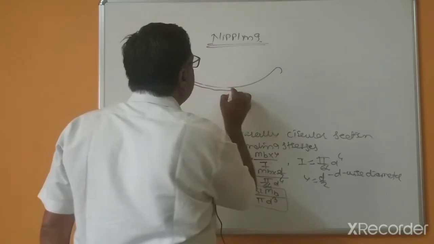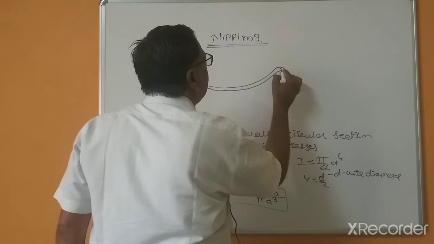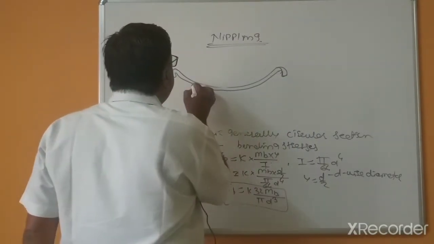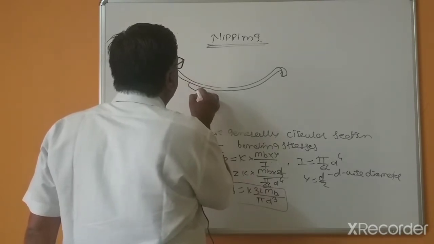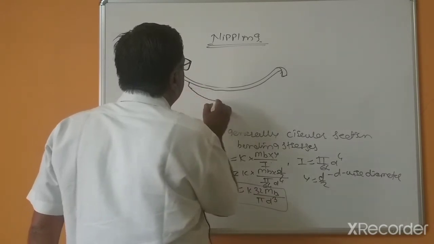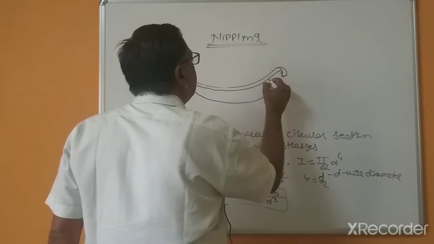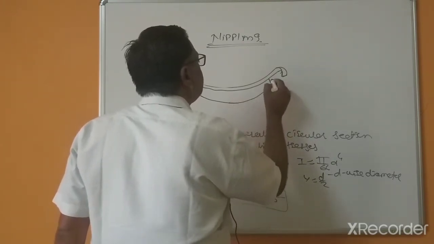The radius of curvature of the master leaf is greater as compared to the radius of curvature of the graduated leaves. Suppose this is the graduated leaves, before assembly of these leaves.